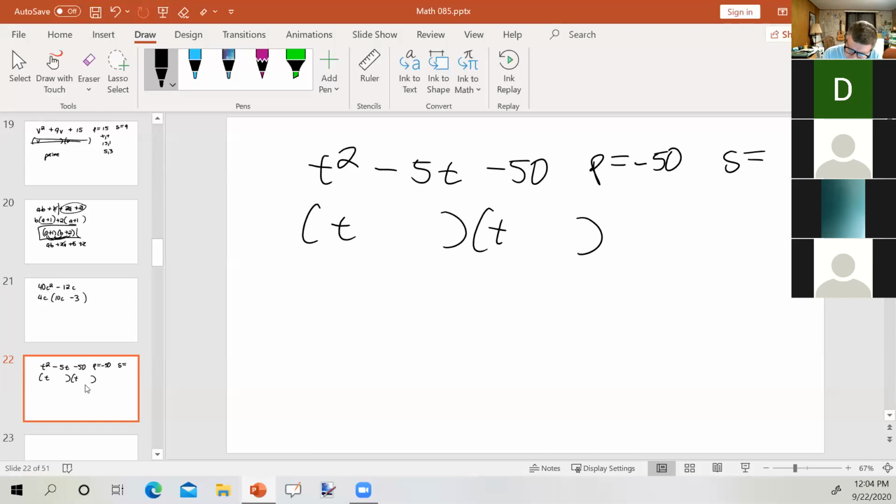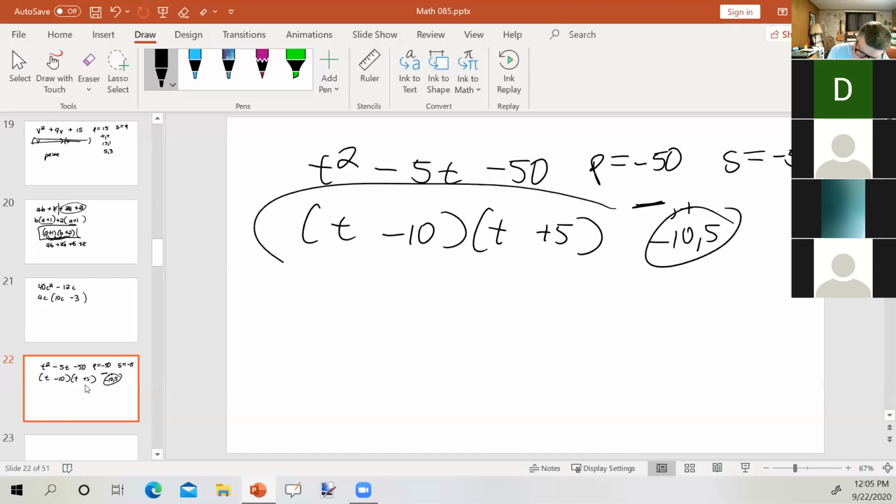And the sum would have to be negative 5. So product that's negative, I've got to have a negative and a positive, but my sum is negative, so I've got to have a big negative and a littler positive. Let's see. How about negative 10 and 5? Would that do it? Yes. Okay, so minus 10 plus 5, and we're done with that problem.